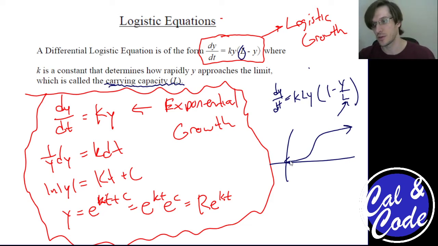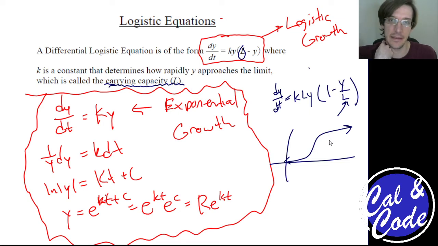So we start off with this part right here where we are growing exponentially. And then after we've been growing faster and faster, eventually resources or something in the environment is going to keep the rate from growing at the same amount, and we'll start seeing a decreased rate.